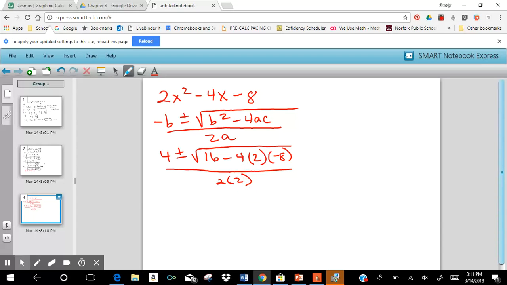So solving inside my radical here, I have 4 plus or minus the square root of 16. 4 times 2 is 8. 8 times 8 is 64. This goes to a plus 64. And then on the bottom, 2 times 2 is 4. So I have 4 plus or minus 16 plus 64 is 80.